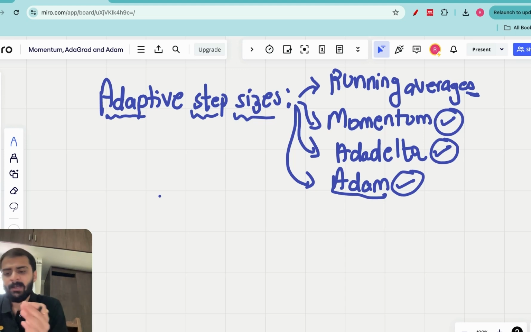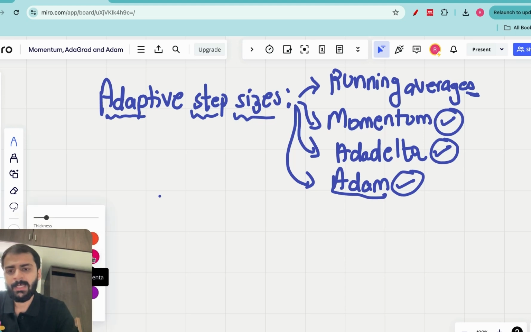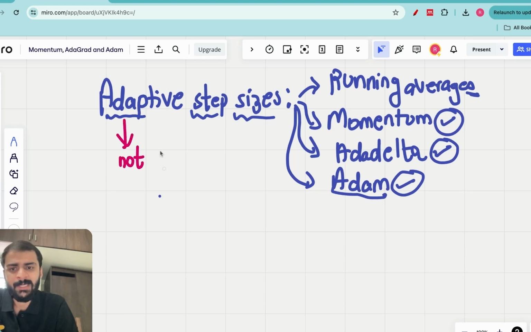And the accumulation might be different for different layers. So the step size which works for one layer might not work for another layer. Similarly, the step size which works in one iteration might not work for another iteration. That's why we need to look at step sizes which change with respect to iteration. So these are not fixed step sizes, and that's why they are called adaptive step sizes.